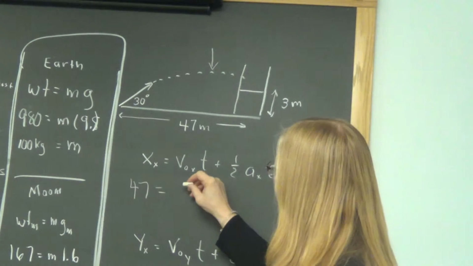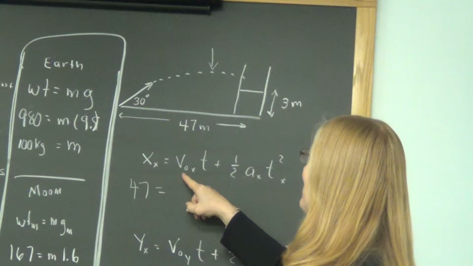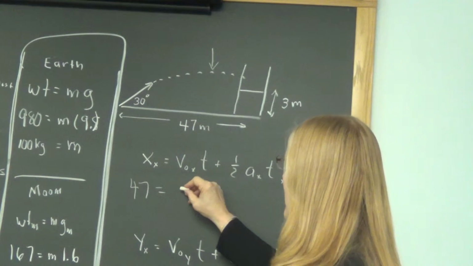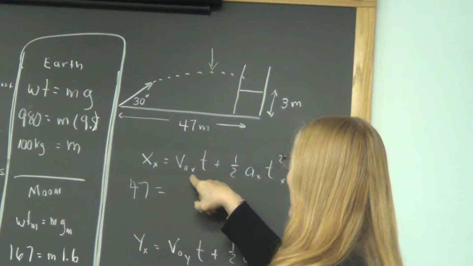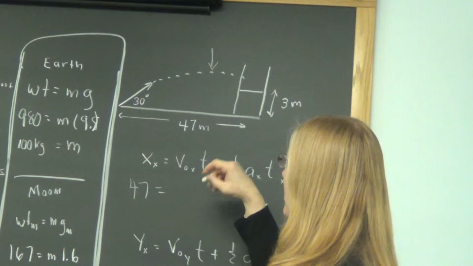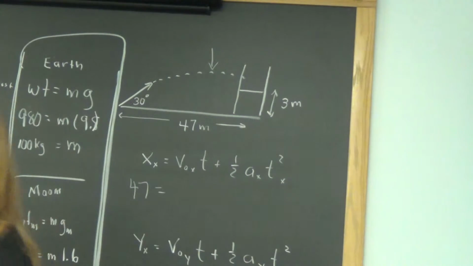I got some crazy high number though. The initial velocity in the x direction is going to be, oh, I forgot to put the amount in there. Do you remember what it was?